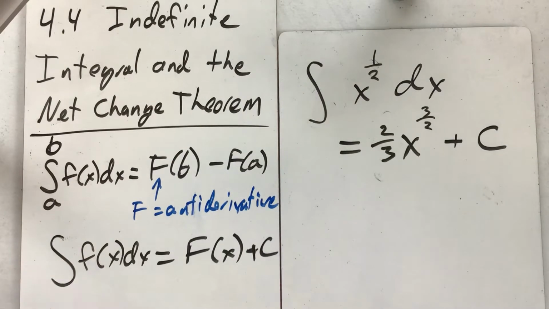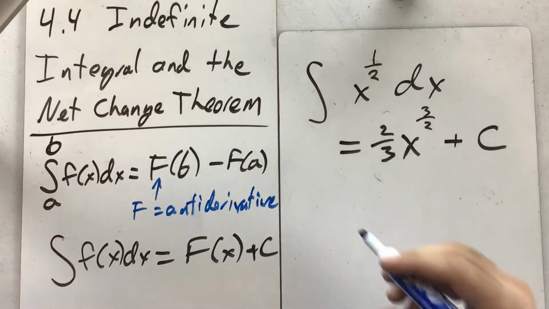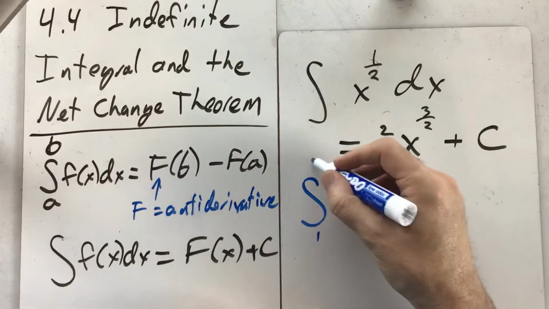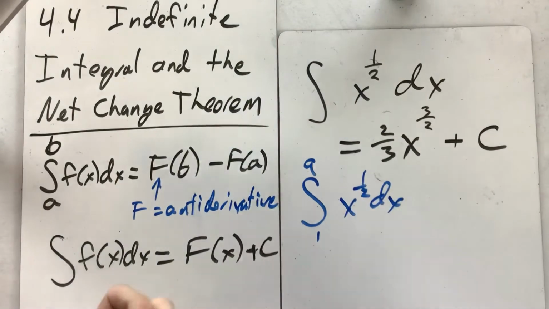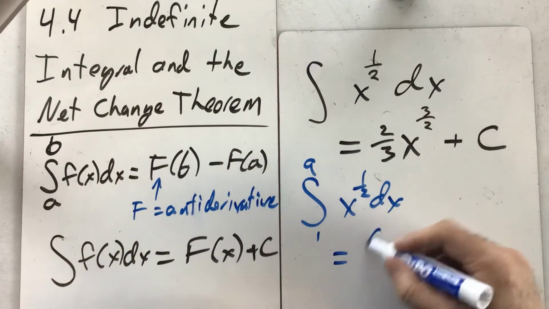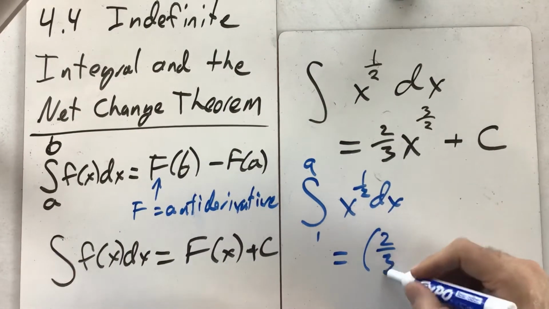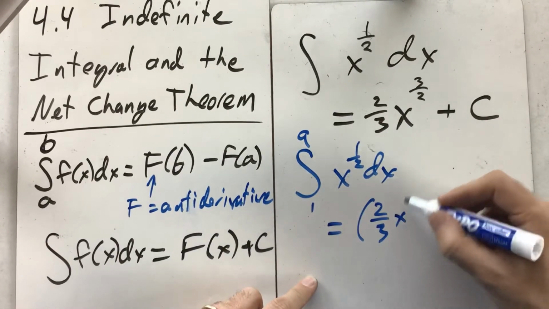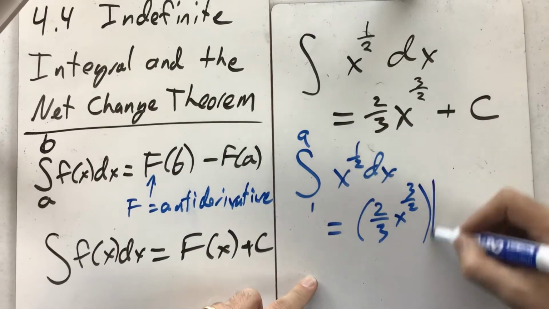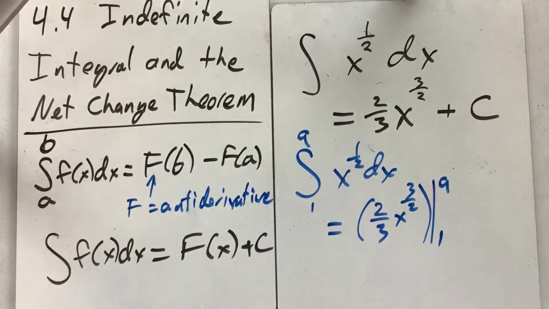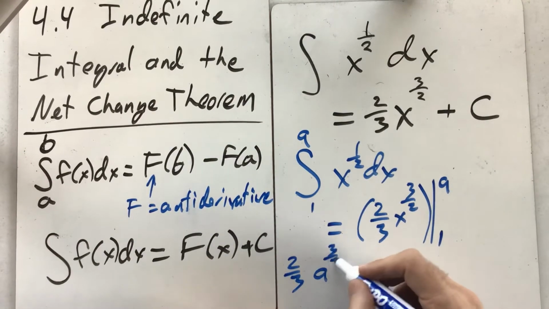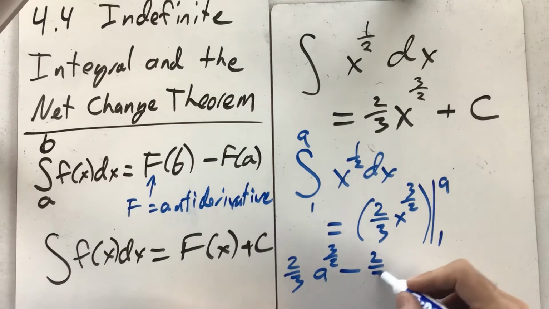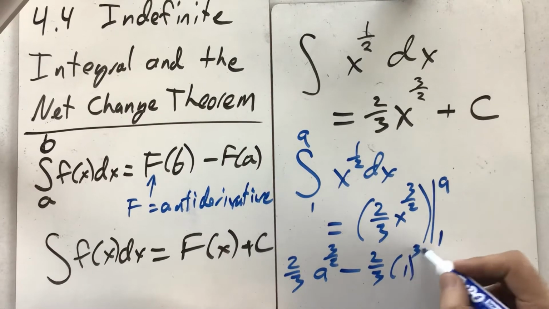Now if I want to do the second problem, the integral from 1 to 9 of x to the 1/2 dx, then what that means is that I take the equation I just had, 2/3 x to the 3/2, and I put the numbers 1 and 9 in. So I'll do 2/3 times 9 to the 3/2 minus 2/3 times 1 to the 3/2.